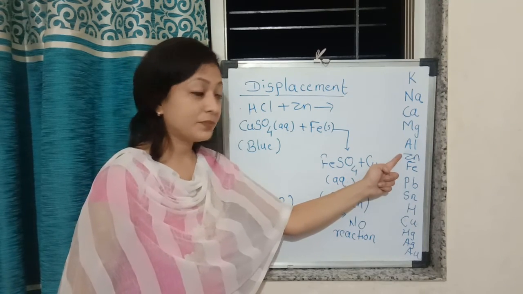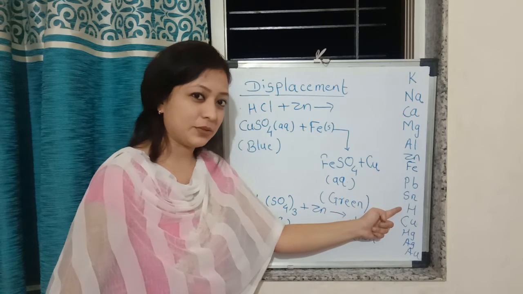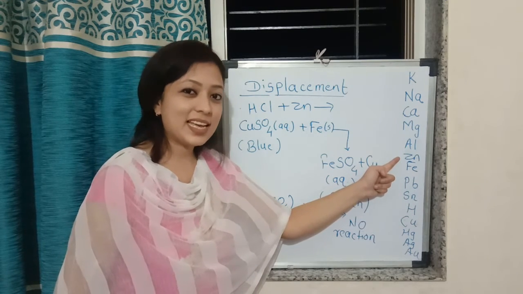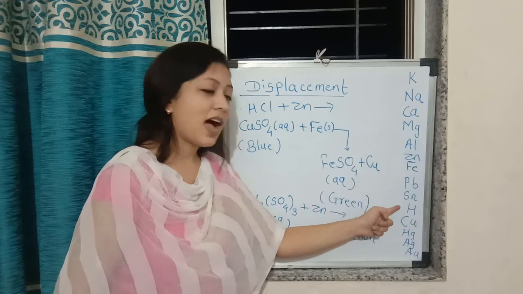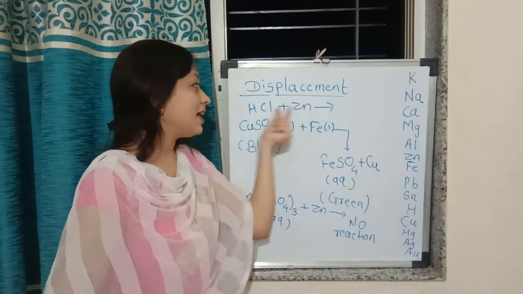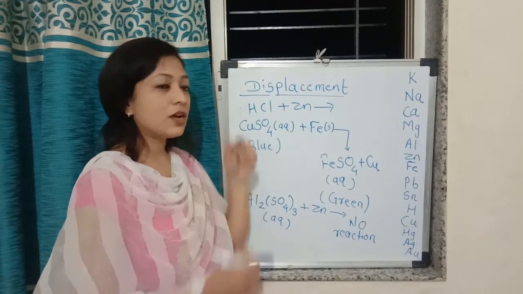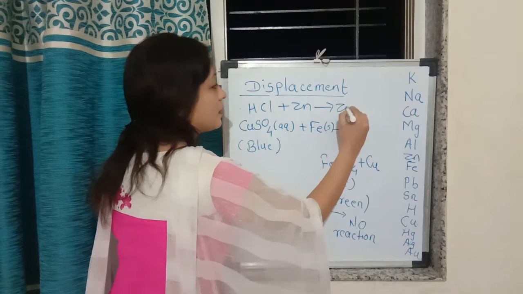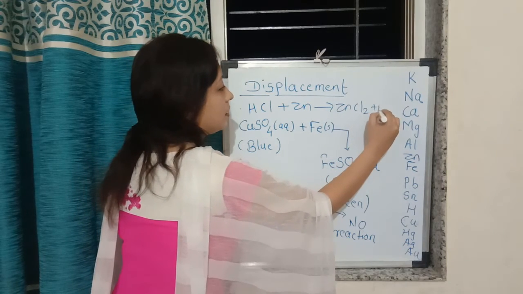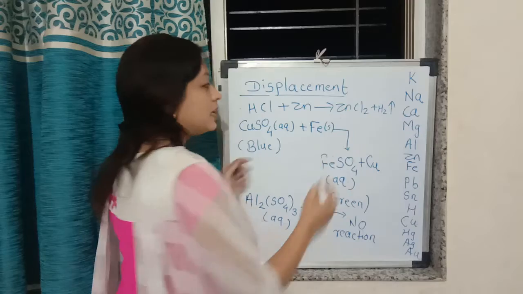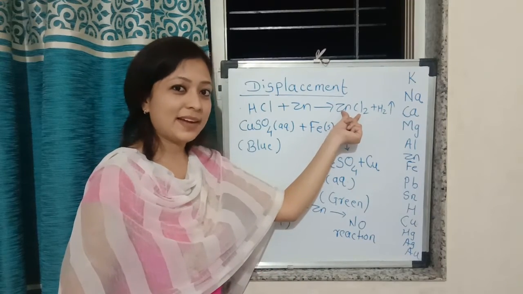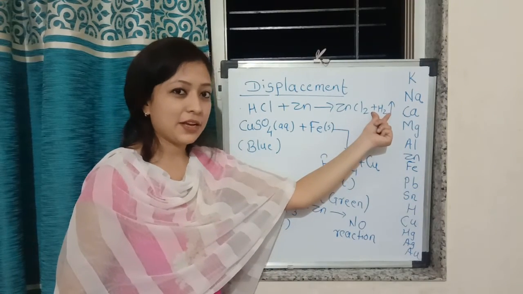Here is the zinc, which is above the hydrogen. It means zinc is more reactive than hydrogen. So zinc can displace hydrogen to form the salt zinc chloride, and hydrogen is getting evolved.